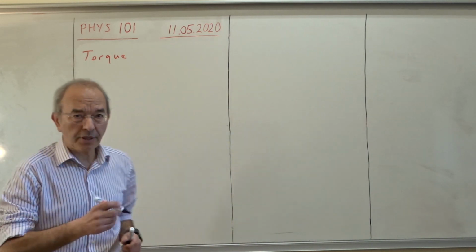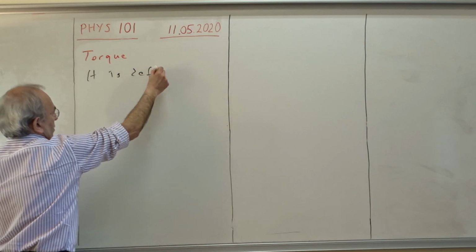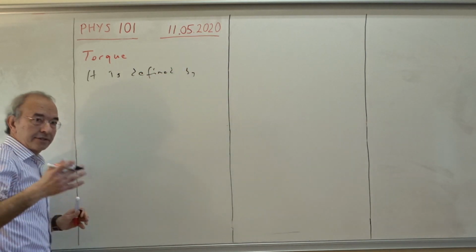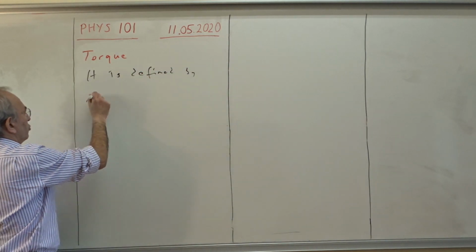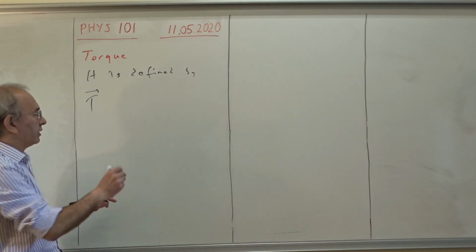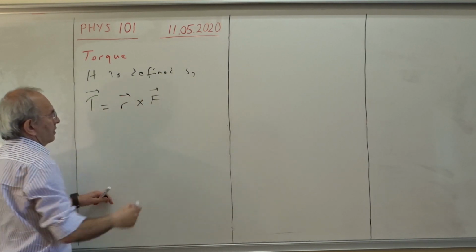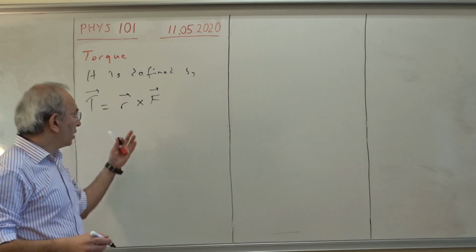The torque is defined by some cross product. So torque is a vector, therefore we use a vector product. It is the product of R and F. But what do we mean by this R and by that F?